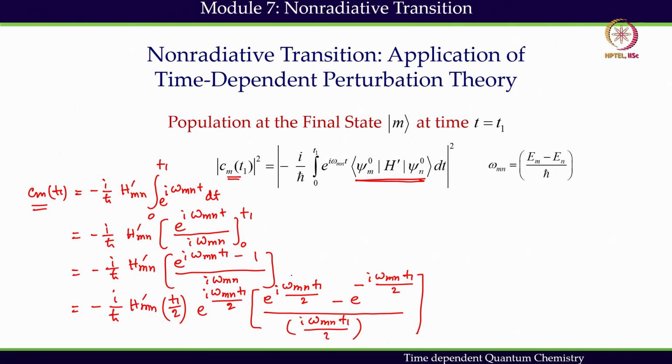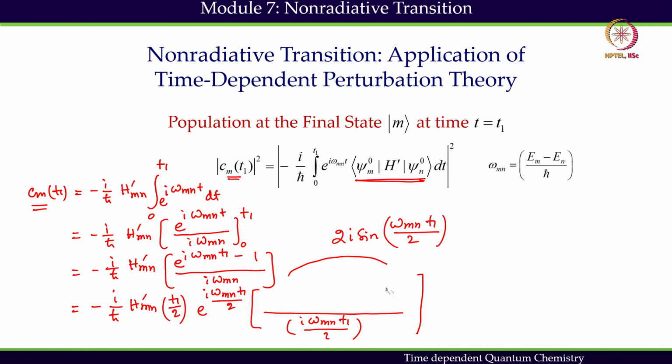So, what we see here is that this part can be written as 2i sine omega mn t1 by 2. So, I will erase this part and we will just write down 2i sine omega mn t1 by 2.